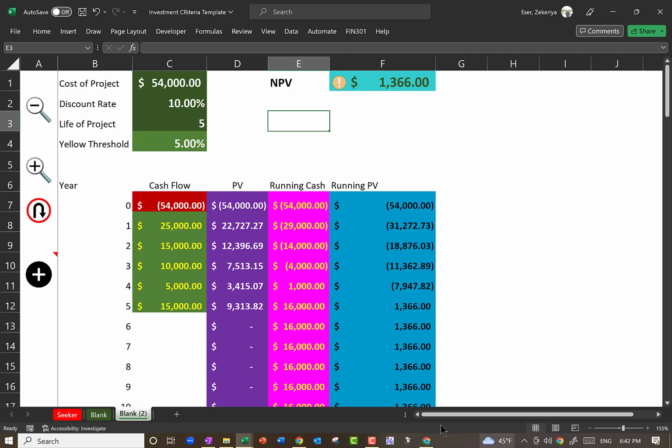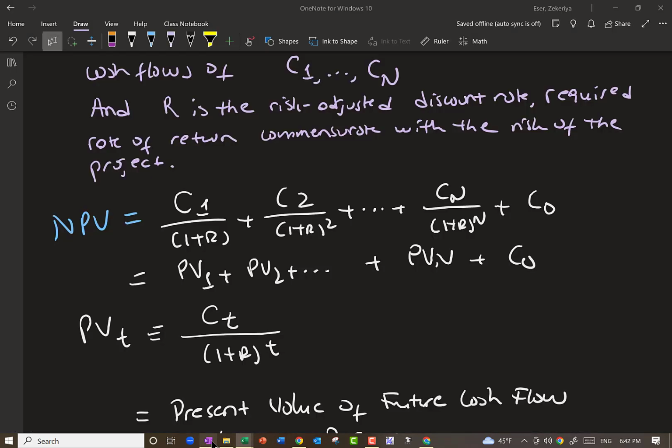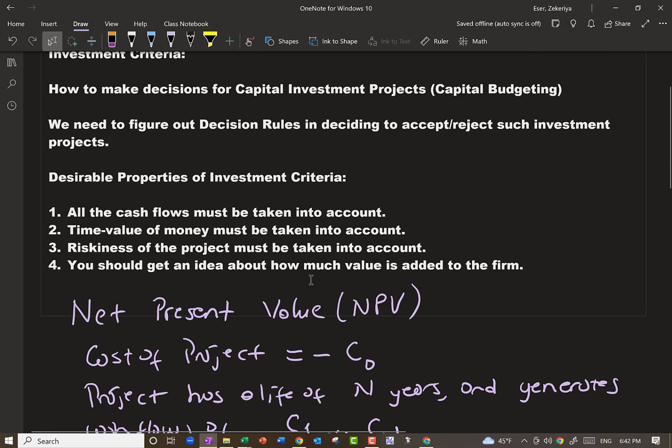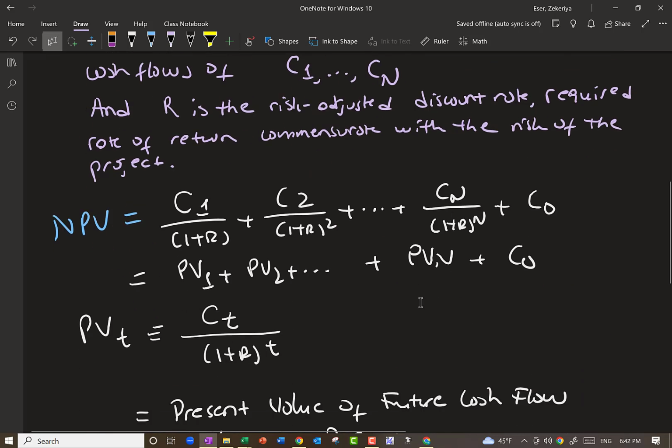So that's obviously taken into account. How about the second property? Does it take time value of the money into account? Yes, we're working with present values. That means $1 in year 5 is not worth as much as $1 in year 1.